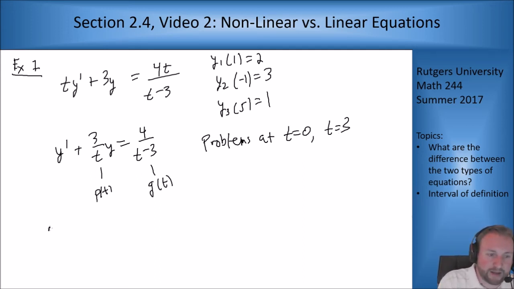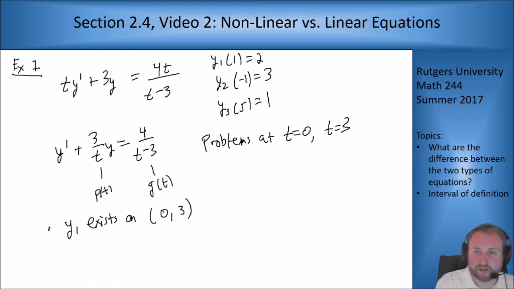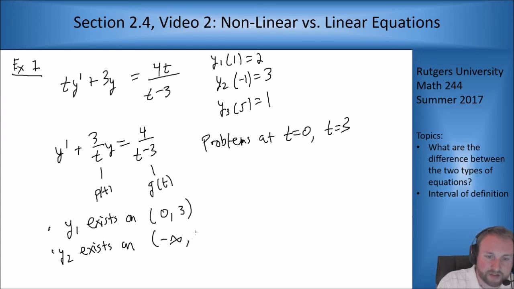Well, that means y1 exists on the interval between 0 and 3. Because it starts at 1, it can go as far left as 0, and because it's linear, we know it goes all the way to 0. And as far right as 3, but again, linear, we know it goes all the way to 3. y2 exists on minus infinity up to 0.